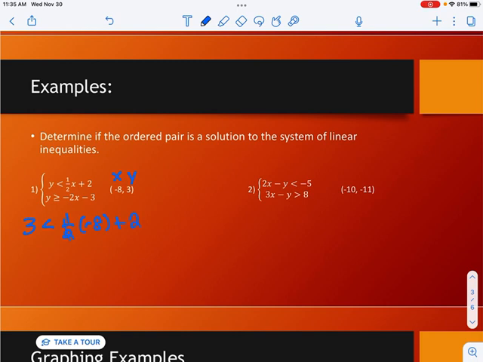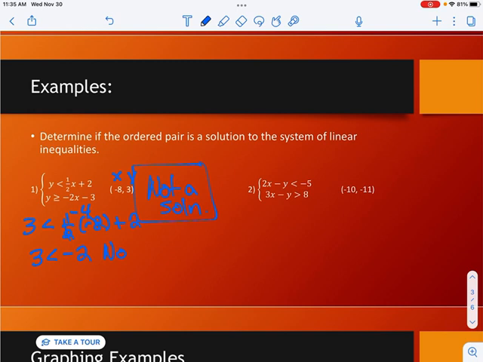Well, half of -8 is -4. -4 plus 2 is -2. Is 3 less than -2? And that is no. So since one of those fails, this is not a solution. Now, if both of them work, then it is a solution.